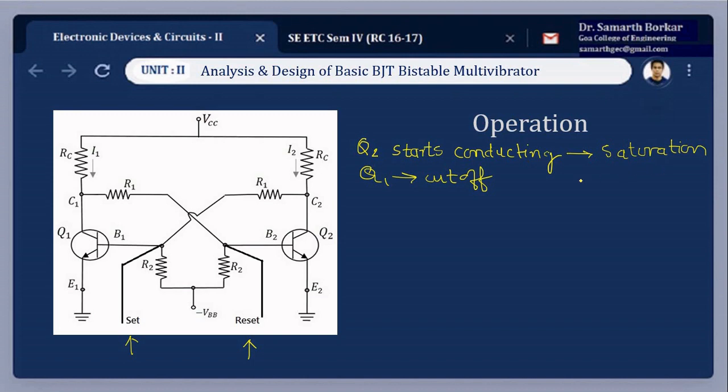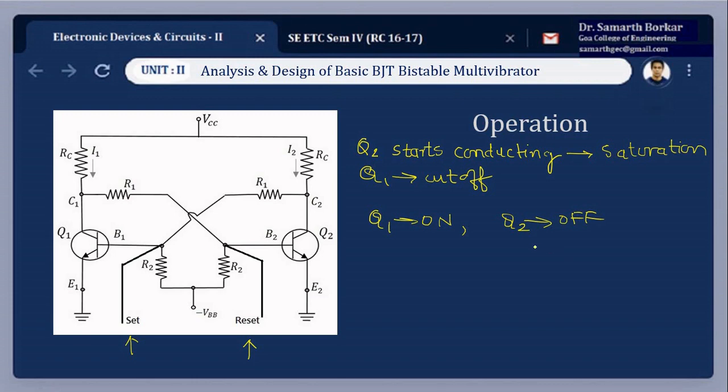Now, if a positive going pulse is applied at the set or reset terminal, it will drive the transistor Q1 to saturation and the transistor Q2 to cutoff. So by applying a pulse, we can change the state from Q1 cutoff to Q1 on, and Q2 to cutoff. This is the second stable state of the multivibrator.